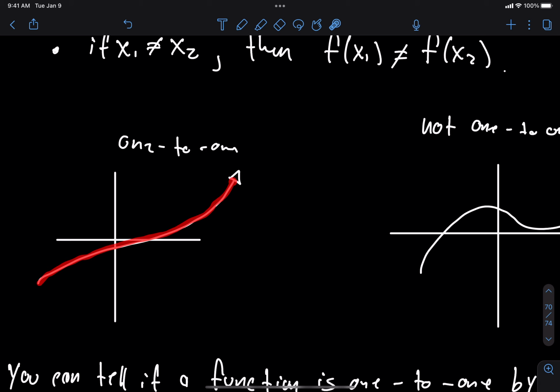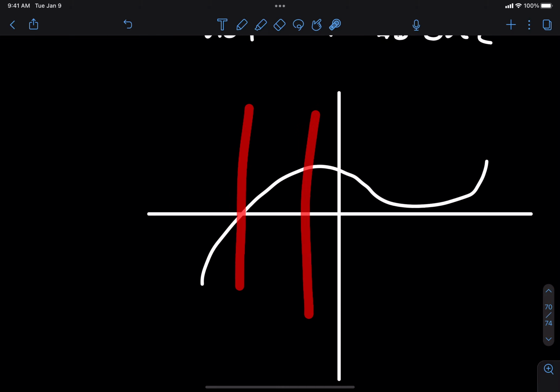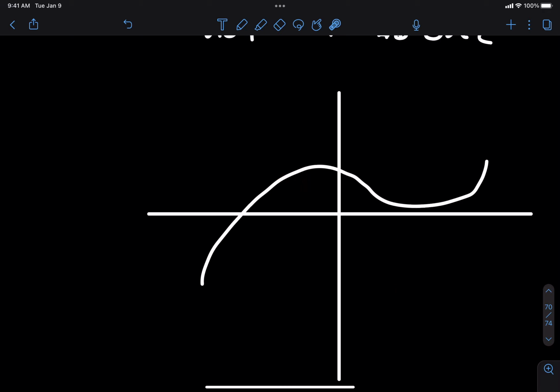It's one-to-one because for each input, not only is there exactly one output, it's also true in reverse: for each output, there is exactly one input. Here's an example of when that is not satisfied. This is a function. It passes the vertical line test. That's totally fine. For each input, there is exactly one output. But for each output, can you find another input which is going to give this as the output? Yes. It's going to be this input. Here's x1, which is not equal to x2.